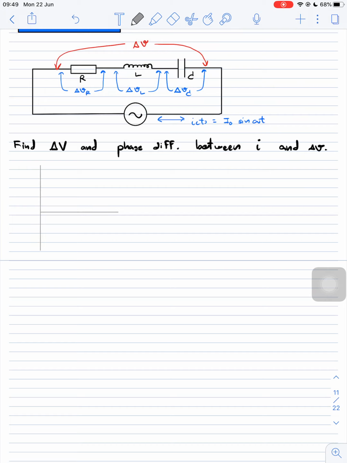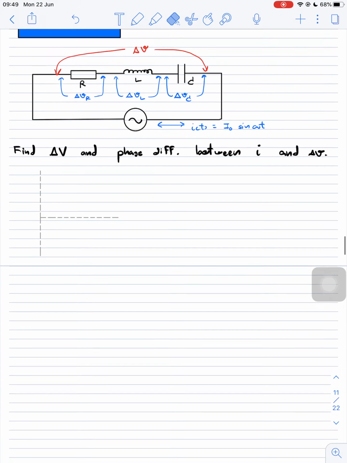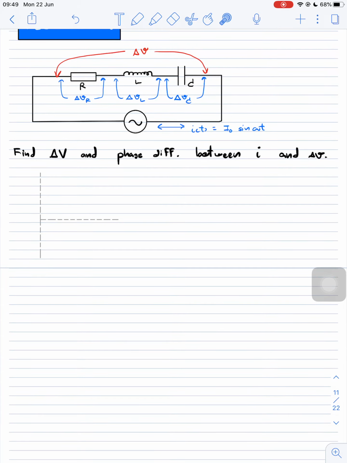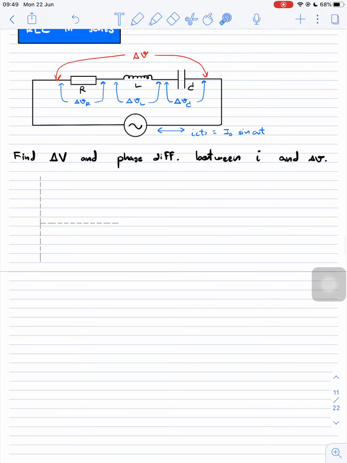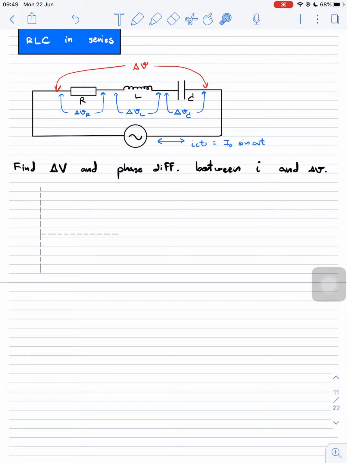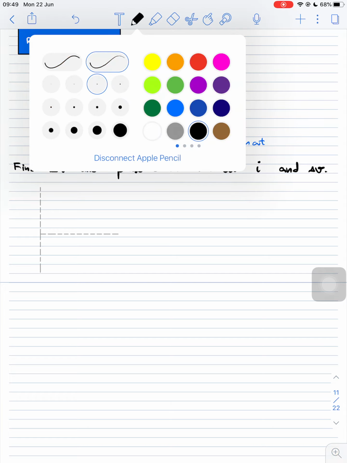So let me set up the horizontal axis and the vertical axis first. We say that the current through the R, L, and C must be common for the series combination. Then let's make the current the horizontal axis, because omega t equal to 0, so the I must be on the horizontal axis here.